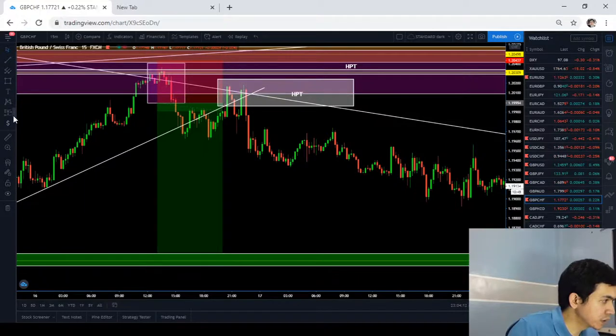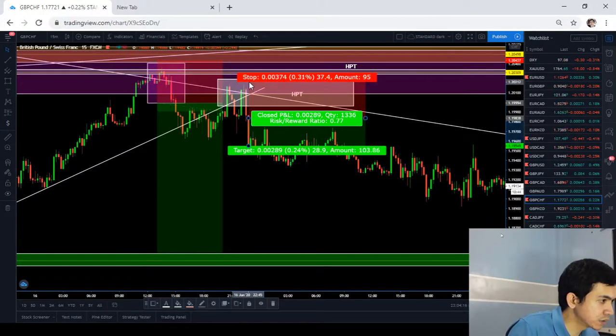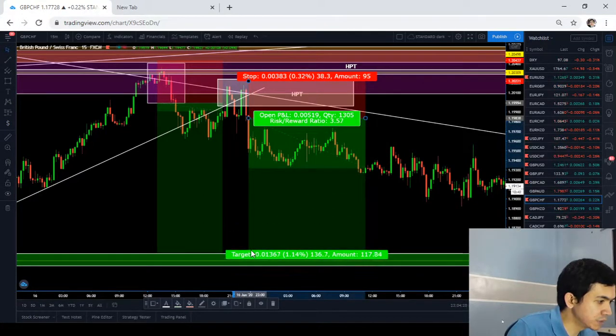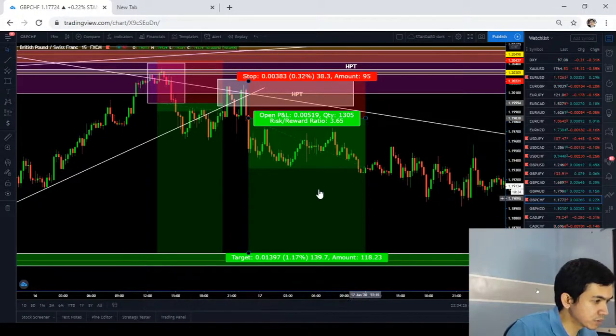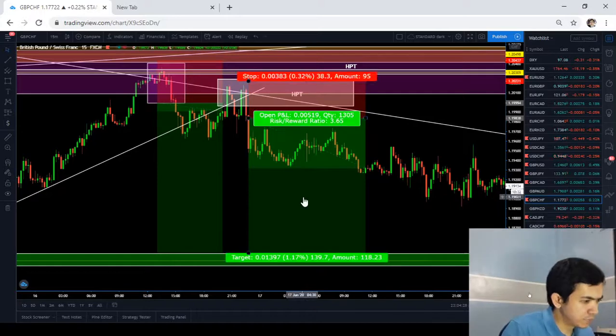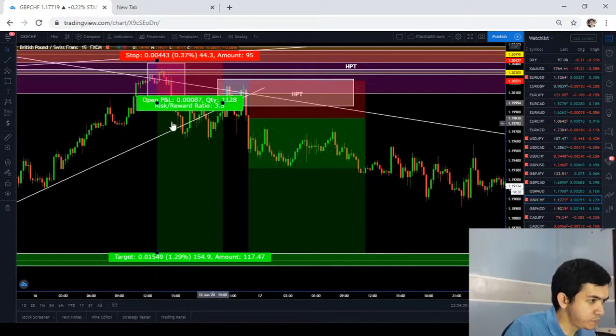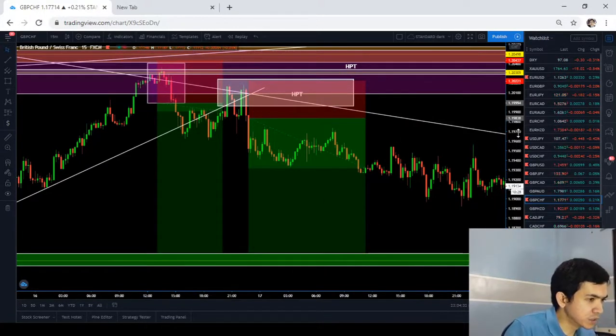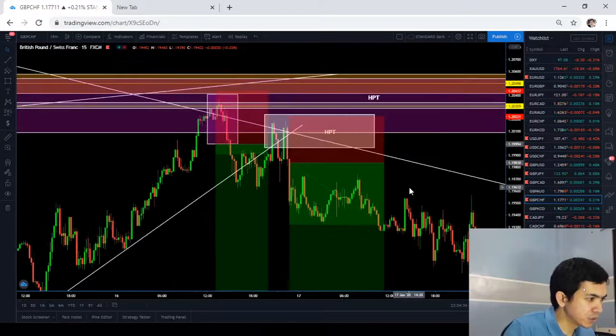So, right after that, you can take a short position. Stop loss above structure. TP, still the same level. Okay? Almost the same ang risk-reward ratio.